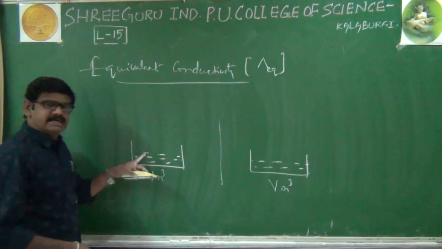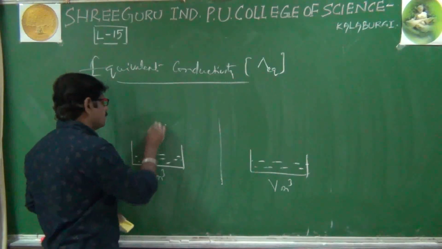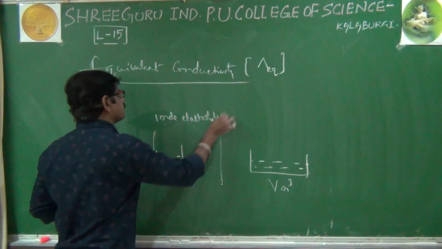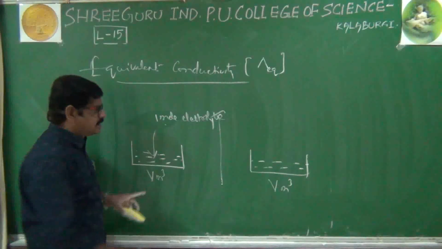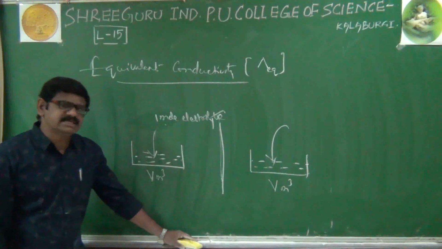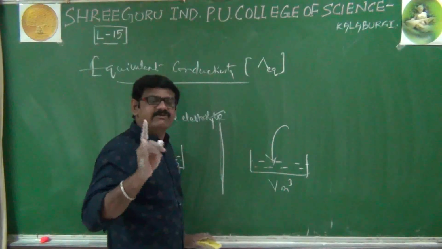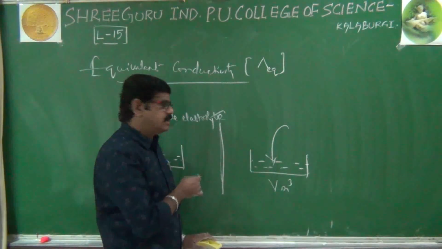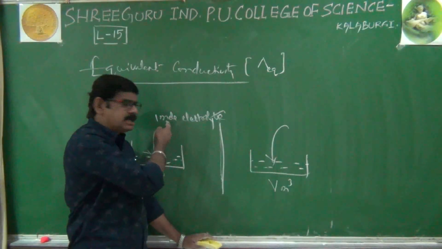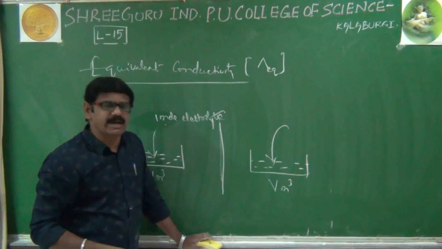As far as molar conductivity is concerned, we have dissolved here 1 mole of electrolyte for molar conductivity purpose. Then as far as equivalent conductivity is concerned, instead of 1 mole, we'll add here 1 equivalent of electrolyte. Mole corresponds to molarity, equivalent corresponds to normality.